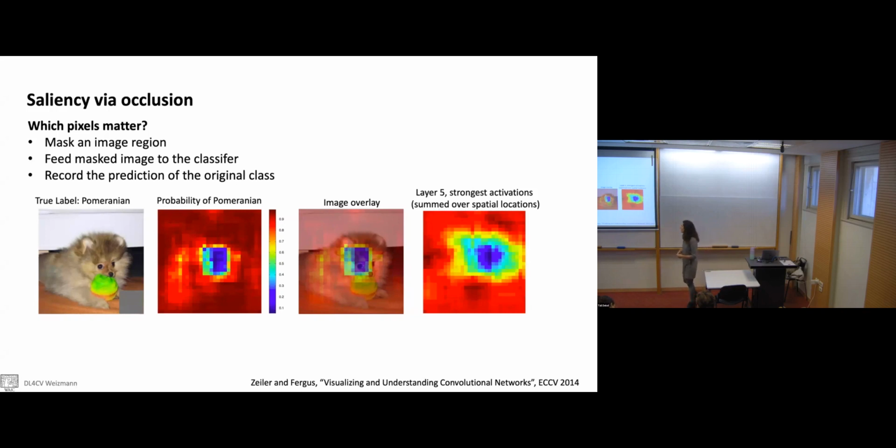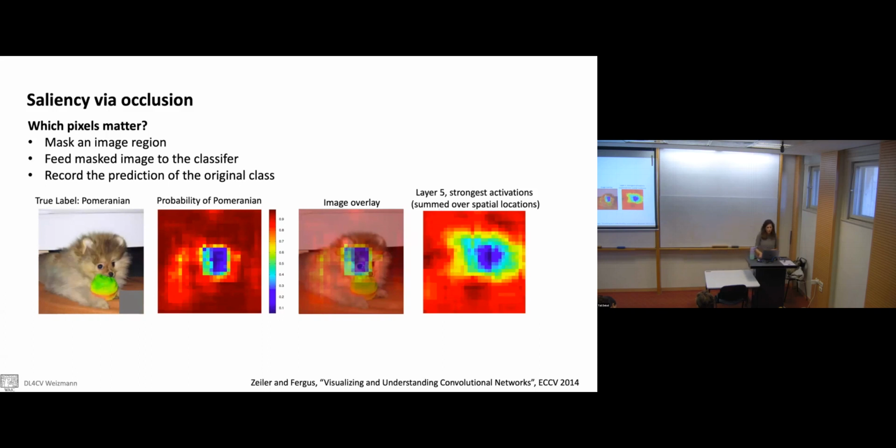And you can see here the resulting map that we get. And this allows us to see that layer 5 also cares a lot about the face of the dog. Once we block it, this layer would fire much less for this image.